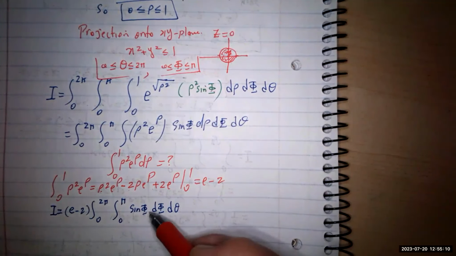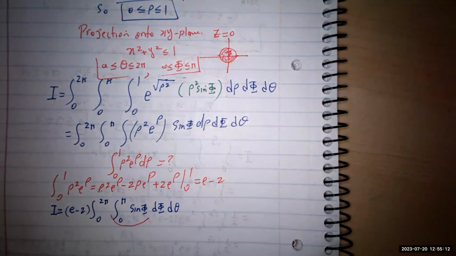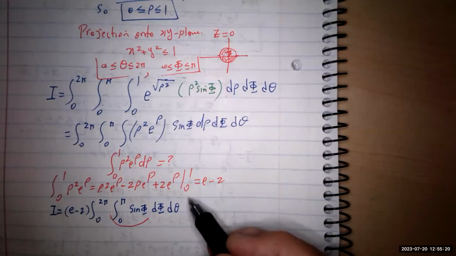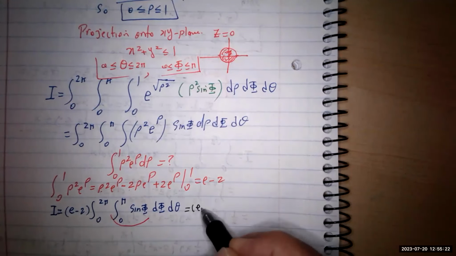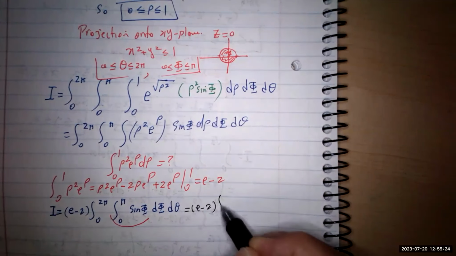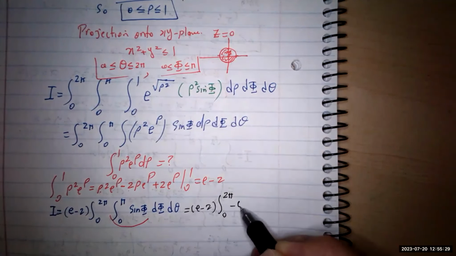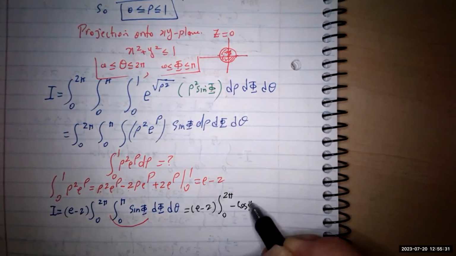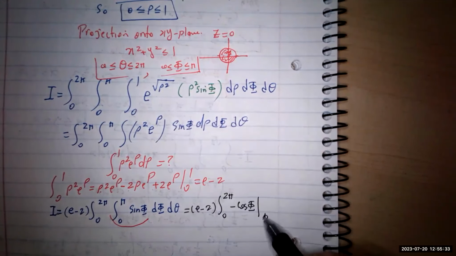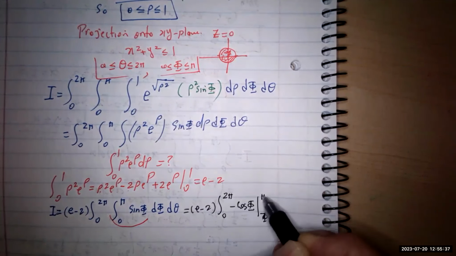The integral of a sine is going to be negative cosine. That between 0 and pi gives you 2 again. So it's going to be equal to e minus 2, integral 0 to 2 pi, negative cosine of phi, with phi going from 0 to pi.